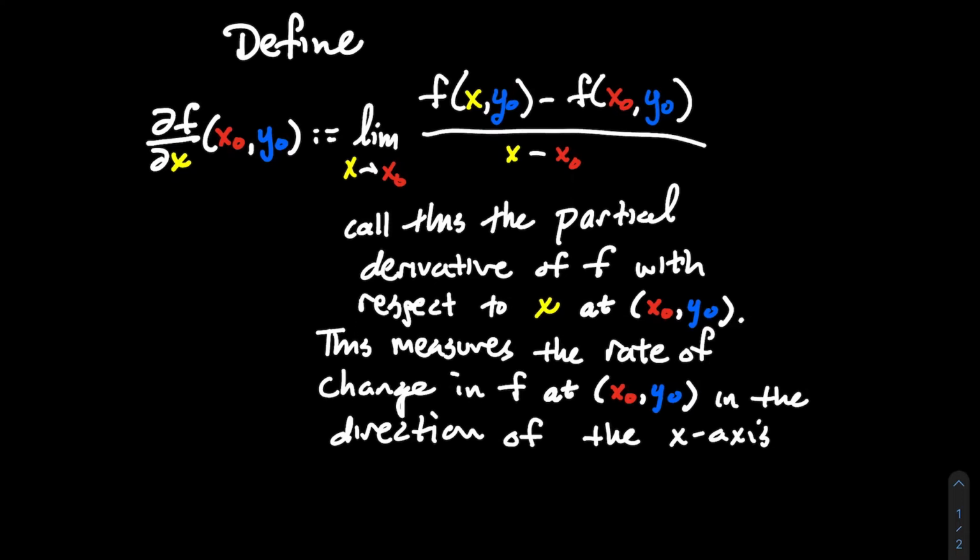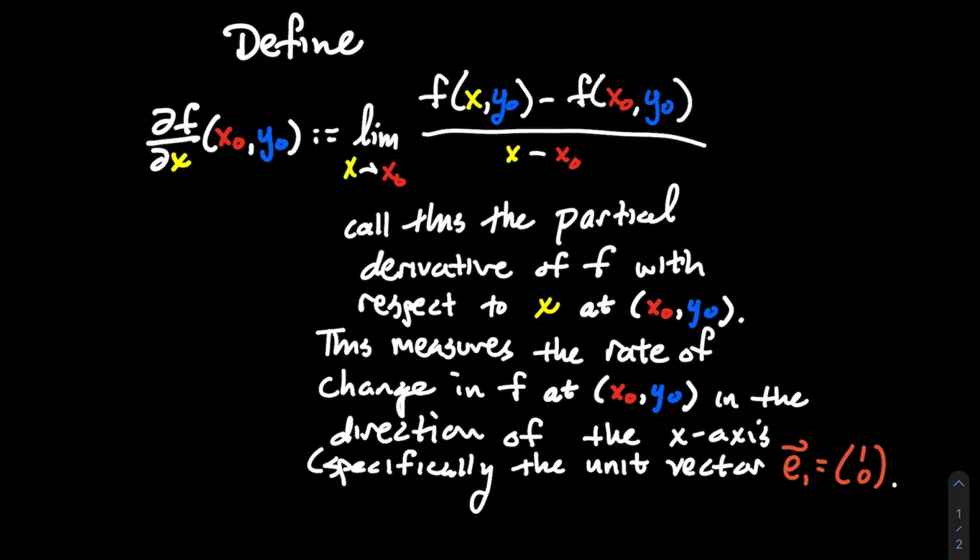But now when we're dealing with a function of two variables, there's lots of different directions that we could move in the plane. And so specifically, the partial derivative with respect to x is going to be the rate of change in the function along the x-axis, specifically along the unit vector, what we sometimes call e1 in a linear algebra class, but just the vector (1, 0).